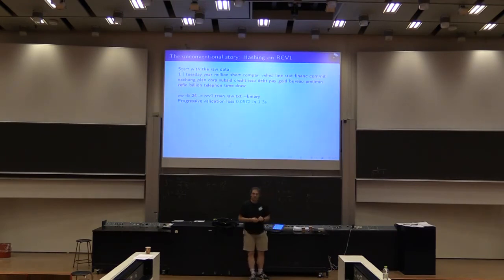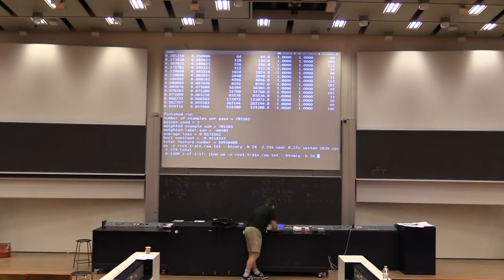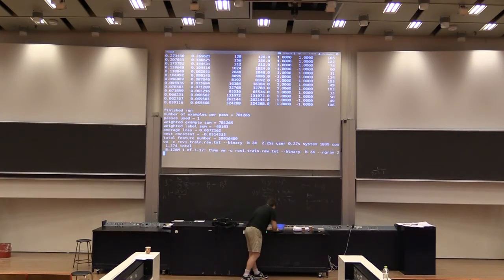Okay, so if you're a skeptic, you're worried about losing 0.6%. But if you're used to hashing, it's very easy to take two hash values and compute a new hash value. So in particular, what you could do is you could say, I want to have bigrams.